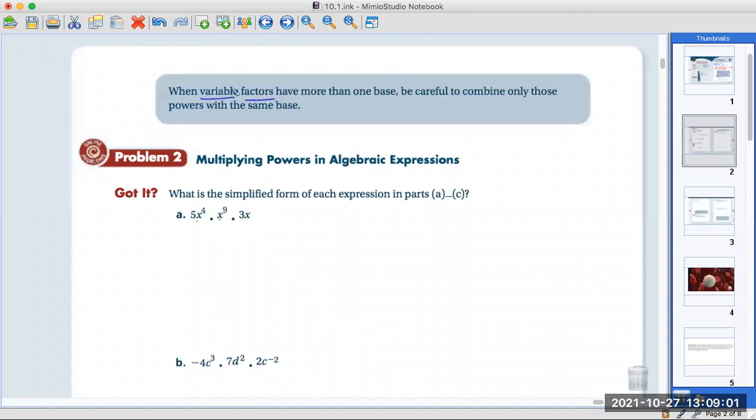When variable factors like x or y have more than one base, be careful to combine only those powers with the same base. So if you look at this one, multiplying powers with algebraic expressions. These are algebraic expressions because they consist of numbers and variables. So all we're going to combine is the x's, not the numbers.